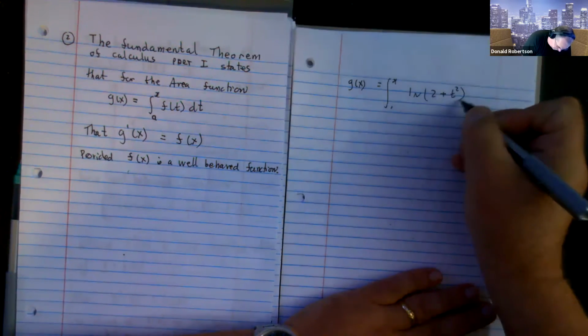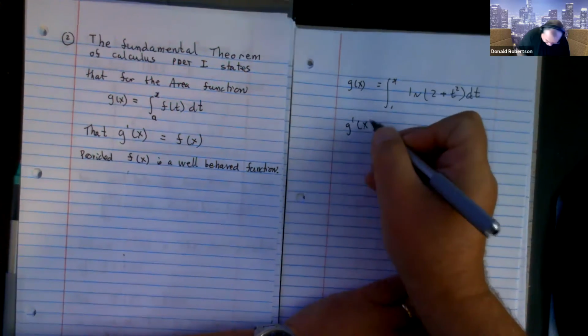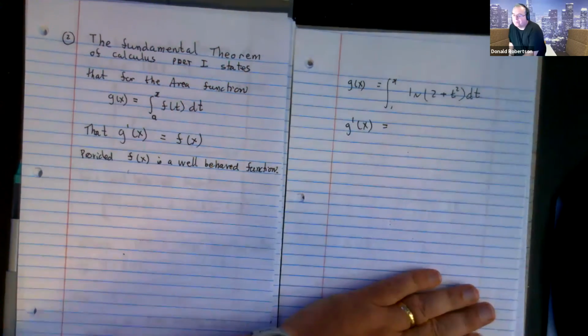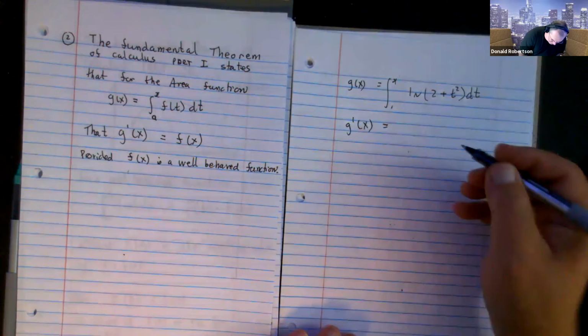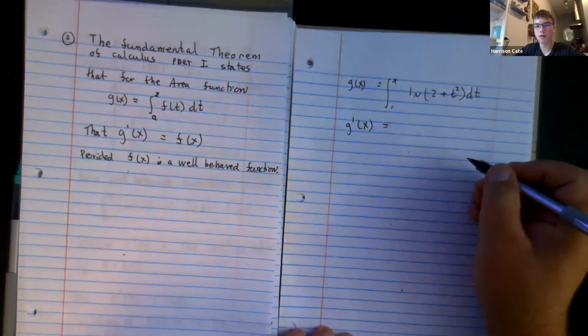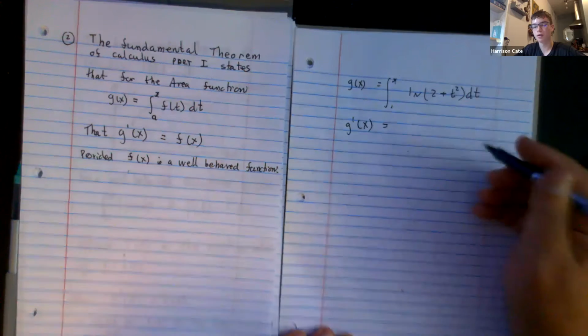What is the derivative of the area function this time? ln of 2 plus x squared.